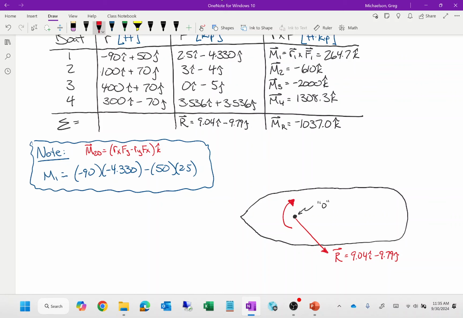And that vector is going to be a moment vector. Now, why am I drawing it clockwise? Because the moment's negative. It's 100% right. The moment is negative 1037, so I'm drawing it clockwise.